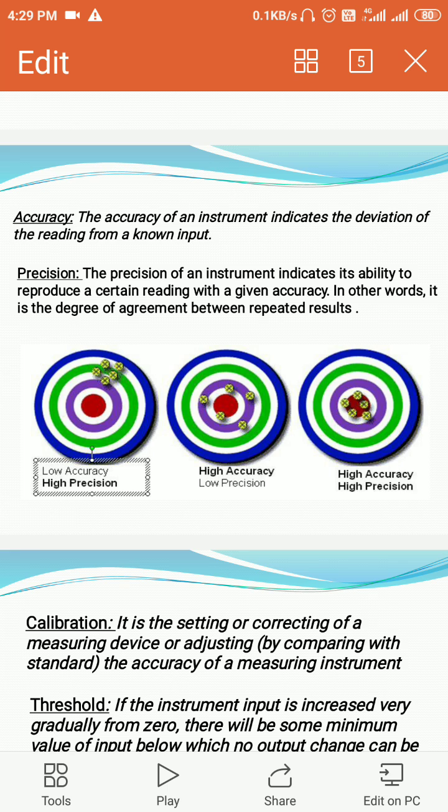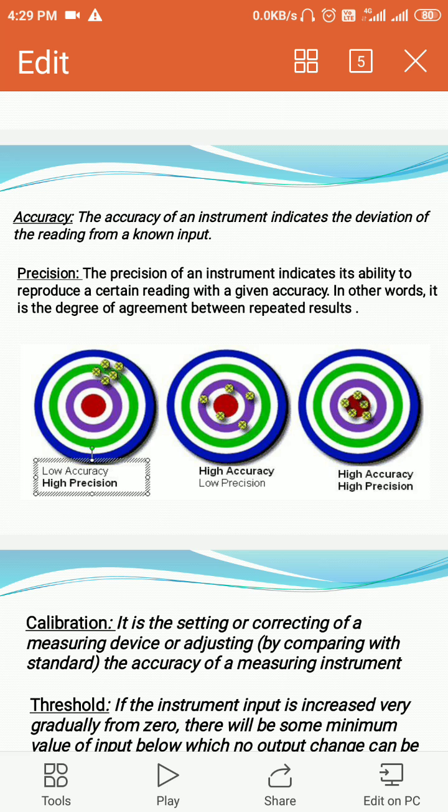So in the first diagram, since all the 5 points are far away from the target point, I say the accuracy is low. But since all the 5 points that I've hit are very close to each other, we say precision is good.